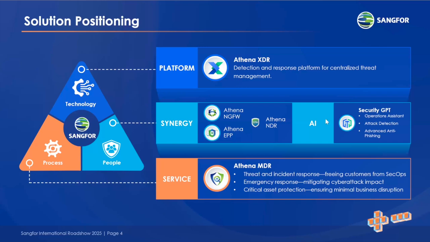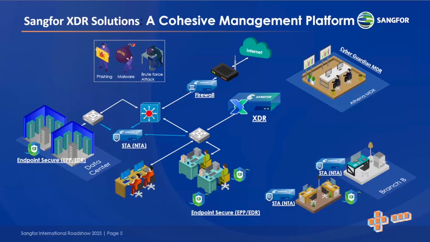Okay, and here's a basic diagram. There's the internet, and there's our firewall, a router, a core switch, and the core switch connects to the office and to the data center, and there are the customer's people. Okay, so threats will go through the firewall.